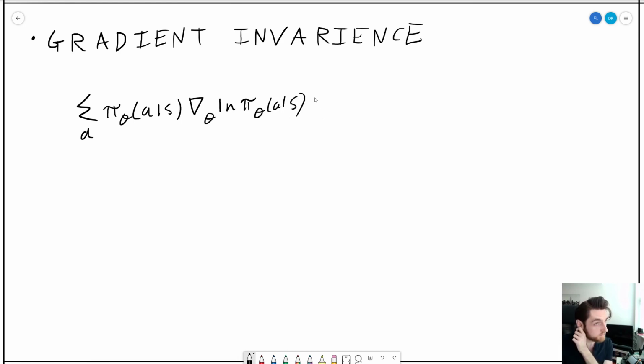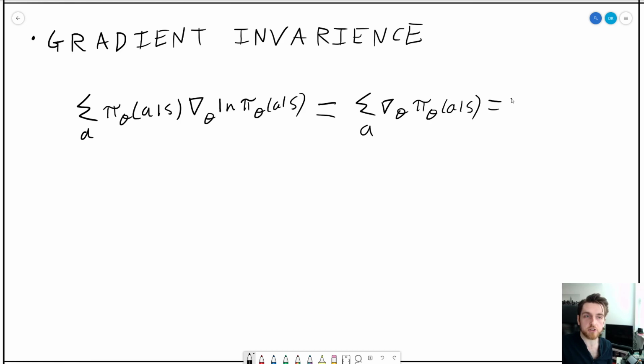And this term, we can use that identity we had before to rewrite as the sum over actions of the derivative of just the policy. And we can take this derivative outside and perform the sum, which by normalization is just 1. So we get the derivative of 1, which is just 0.